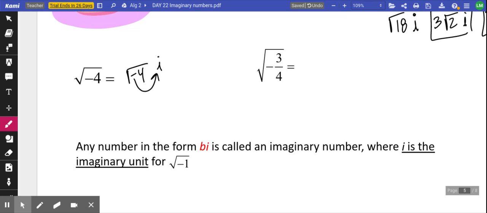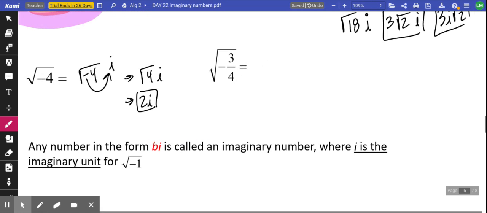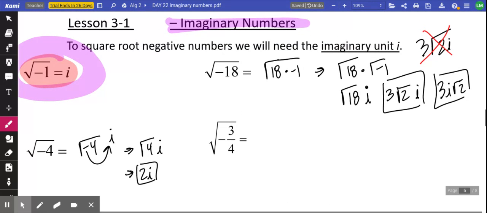So basically the square root of -4 is really just the square root of 4 times i. Okay, that negative becomes an i, and we know the square root of 4 is just 2, so we get 2i. You can go through these steps like I did on the previous problem, but we'll start to see that when you get a square root of a -1, just bring that i outside right away.